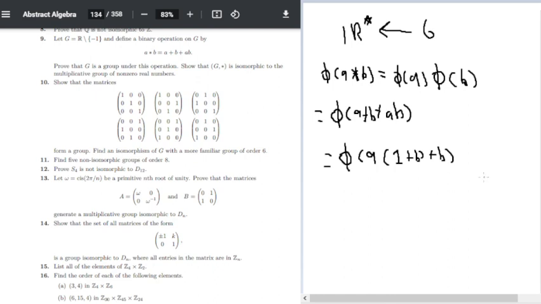So if 0 is sent to 1, we should have -1 gets sent to 0, which is making me think of a shifting operation. It's like we define it by x minus 1, or no, yeah, x plus 1.